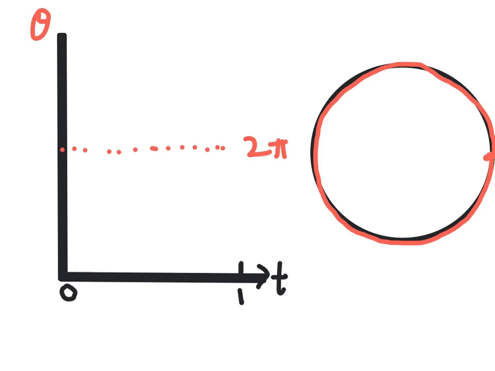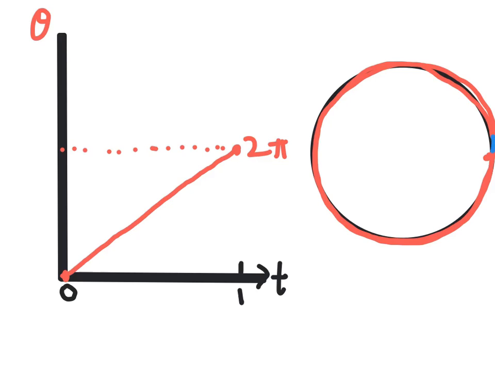So as we start at time 0, the angle is 0, and at time 1 we know the angle is 2 pi, and in between we just increase in a straight line slope from 0 to 2 pi. As we move around the circle, the angle just increases.